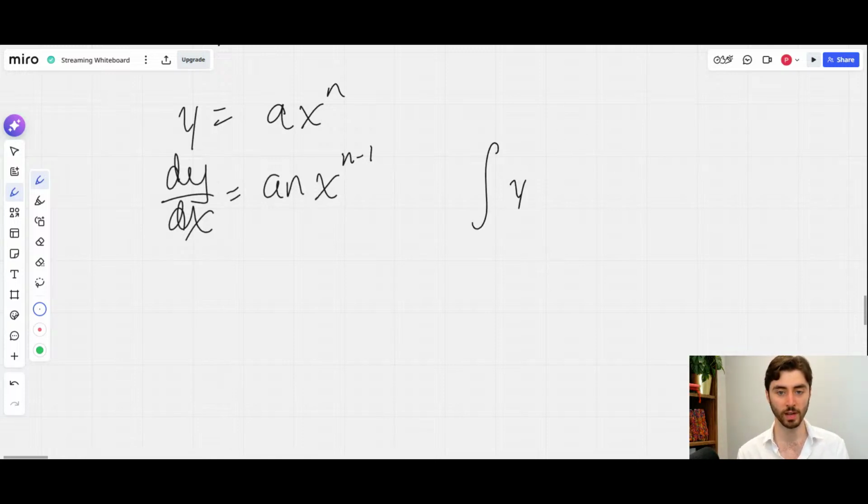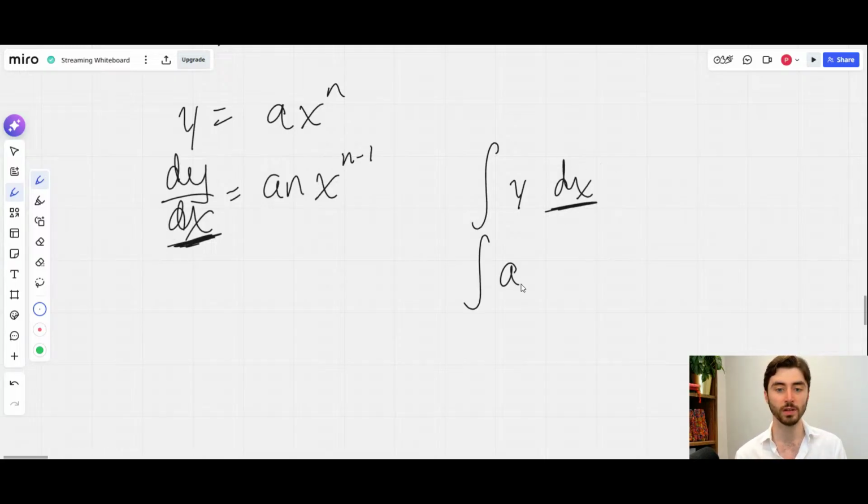So we would integrate y dx. Now this dx is the same as this dx, and it tells you what you're integrating with respect to. So it tells you what your variable is that you're playing with. So here we're playing with x, which is why we bring x's power down and subtract 1 from the power of x. When we are integrating with respect to x, it is still x that we're playing with.